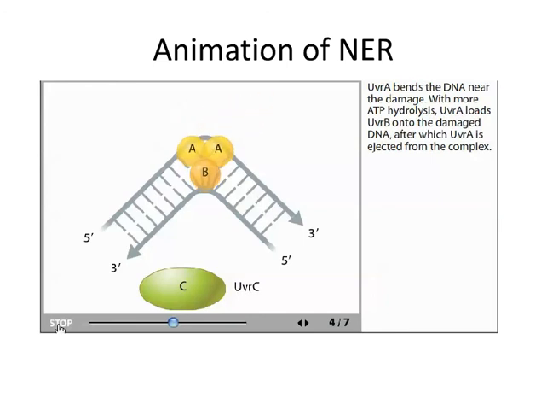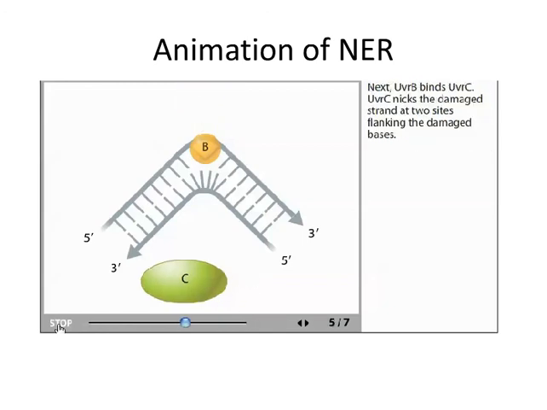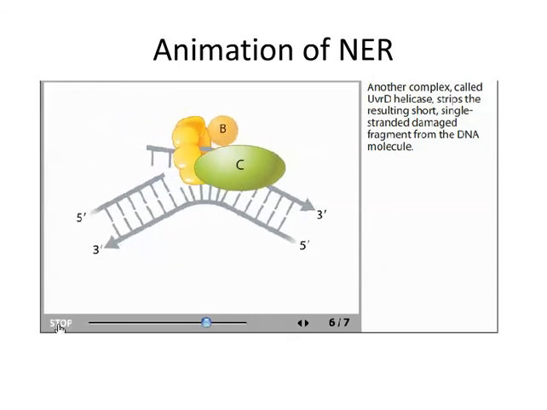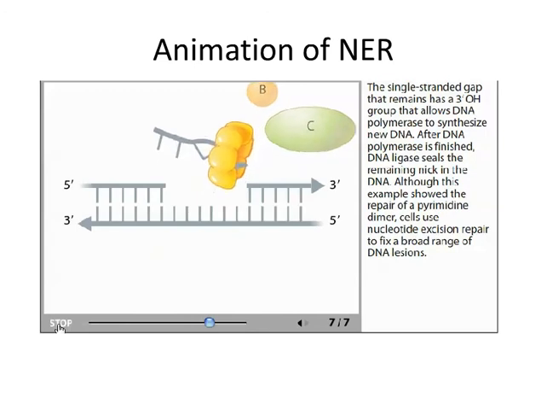With more ATP hydrolysis, UvrA loads UvrB onto the damaged DNA, after which UvrA is ejected from the complex. Next, UvrB binds UvrC. UvrC nicks the damaged strand at 2 sites flanking the damaged bases. Another protein, UvrD helicase, strips the resulting short, single-stranded damaged fragment from the DNA molecule.